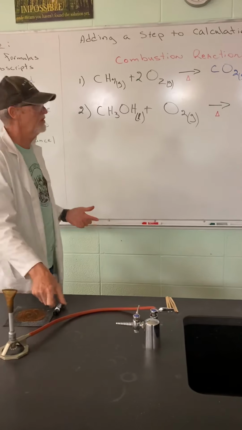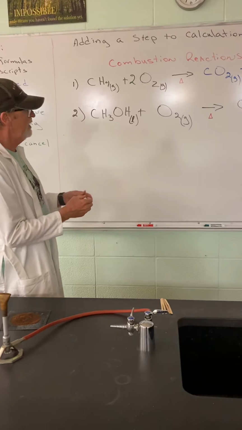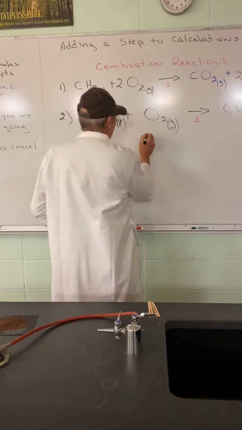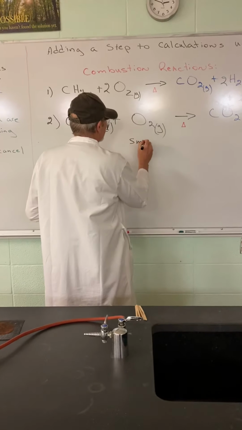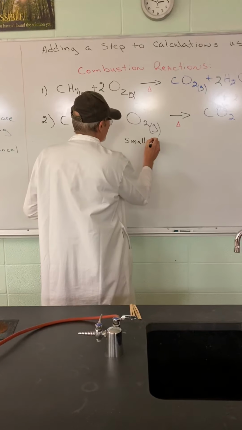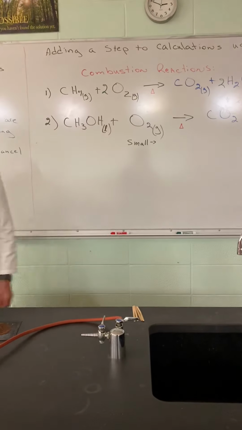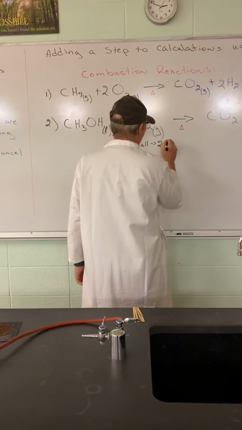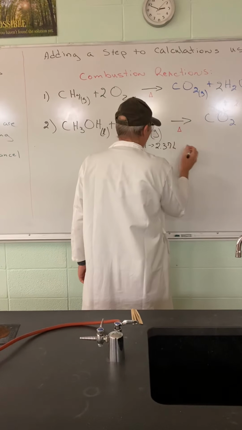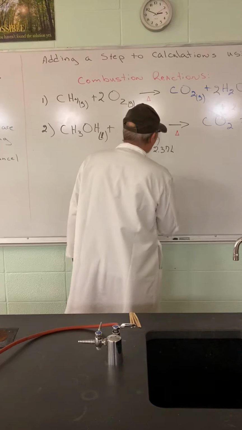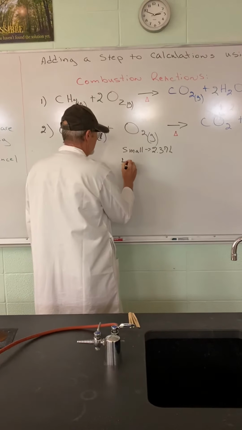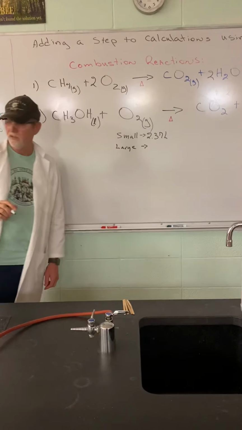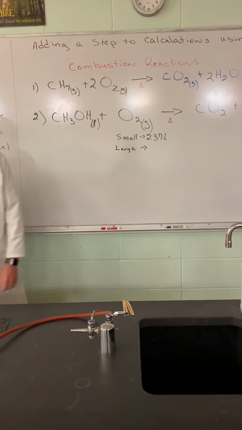To show the reaction, like I said, we had the smaller container. I think I calculated it to be 2.37 liters. You can go ahead and check that on your own. And the large one I calculated to be 4.13 liters.